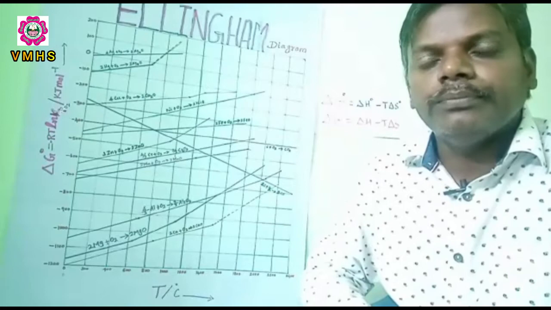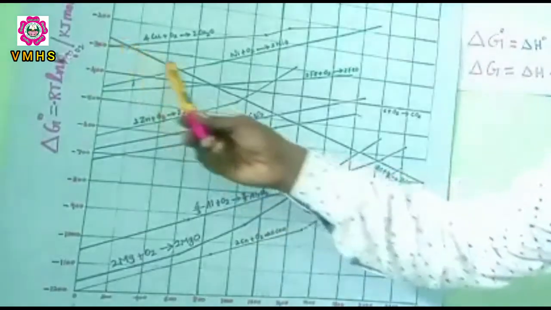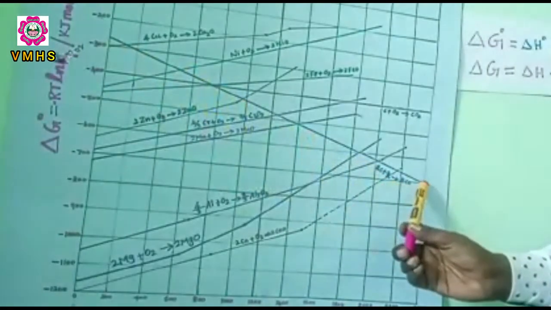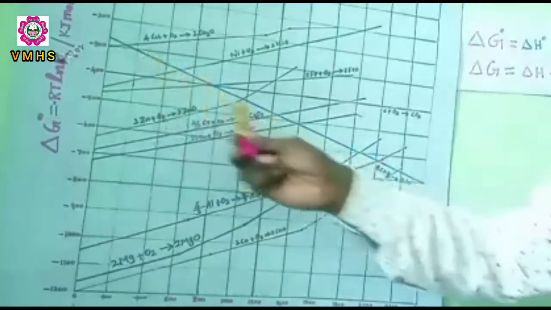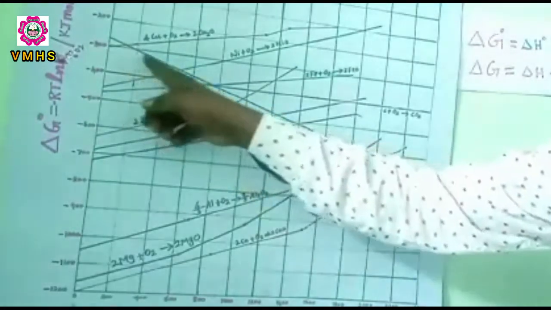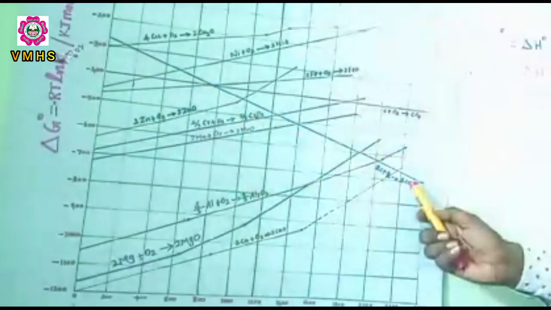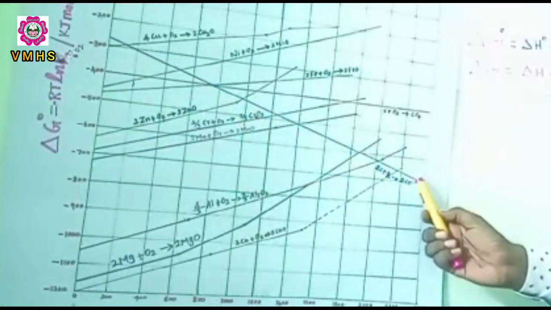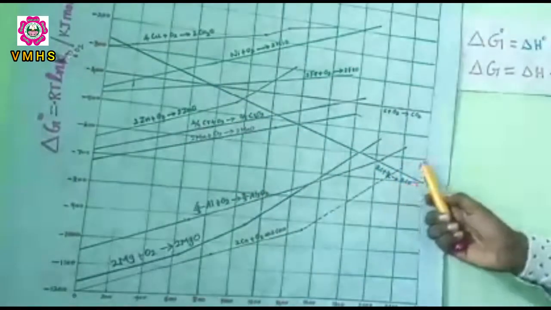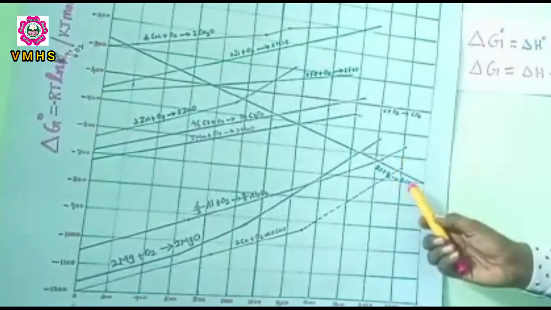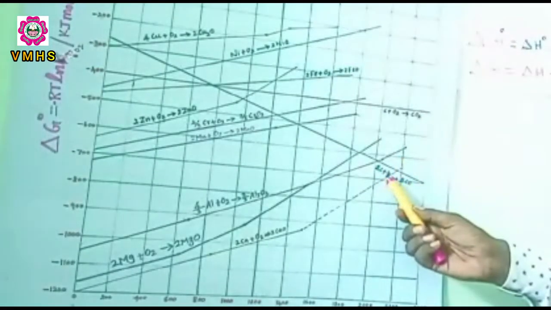Observation number 2. For the formation of carbon monoxide, the slope is negative. Look here, the slope is negative for the formation of carbon monoxide, and this is because 2 moles of carbon monoxide are formed by the consumption of only 1 mole of oxygen.